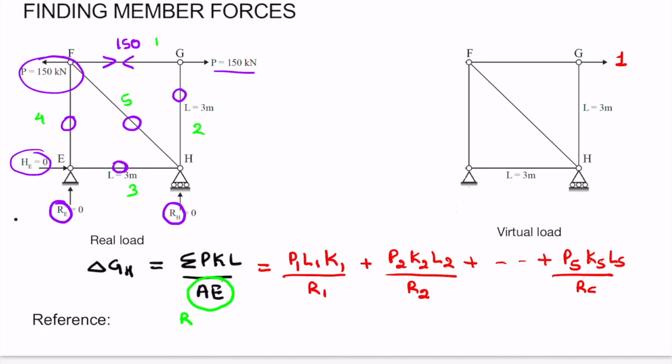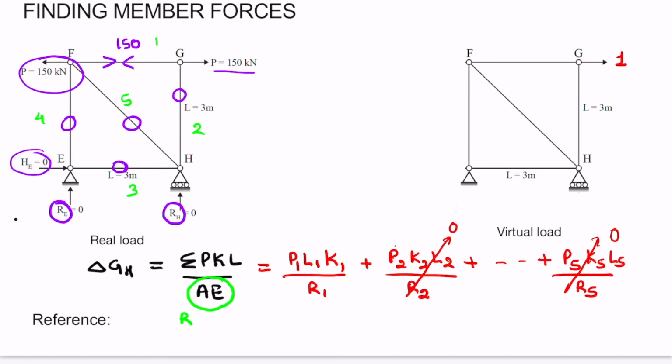Here we can see that other than member 1, that is member FG, forces in all the members is 0. Therefore, automatically this P2 term will be 0, this term will also be 0, since P2, P3, P4, P5 are 0.